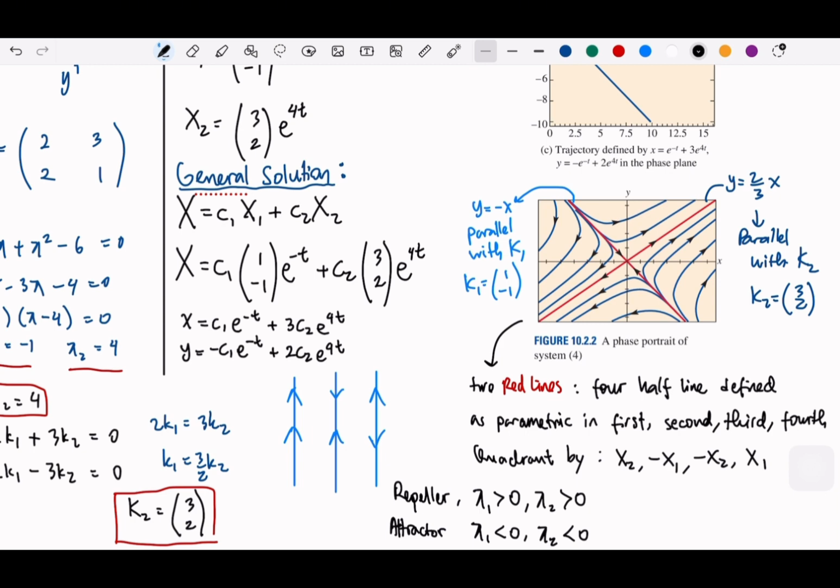And later, when we have the exercise, if you want to find the eigenvalues and eigenvectors alone, you can use some tools, either Python or MATLAB.